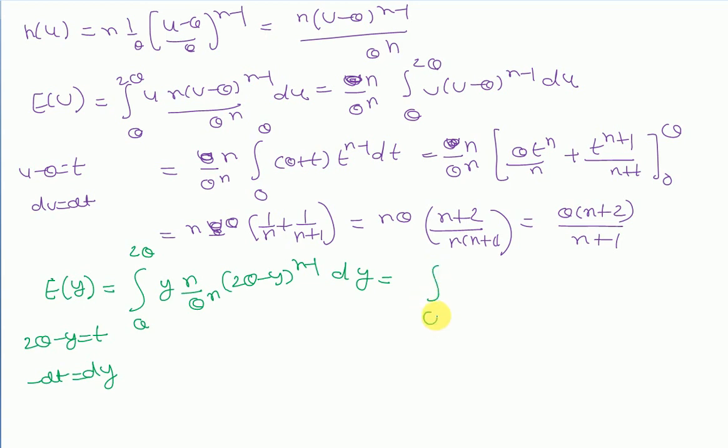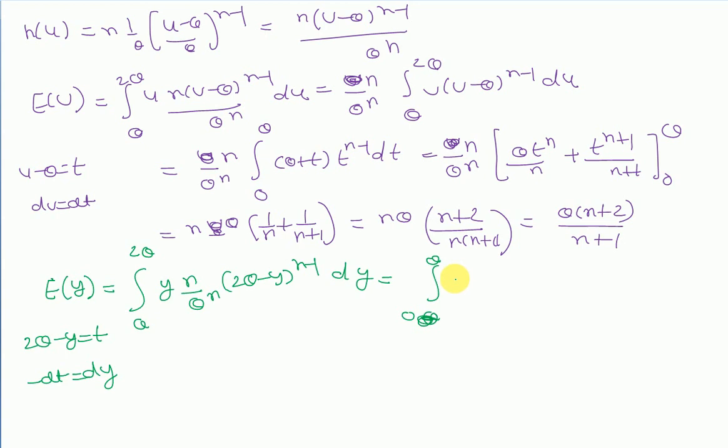And here, 2 theta minus theta is theta, and 2 theta minus 2 theta is 0. So the limit has become theta to 0. But if we impose the minus, then the limit will again be 0 to theta.